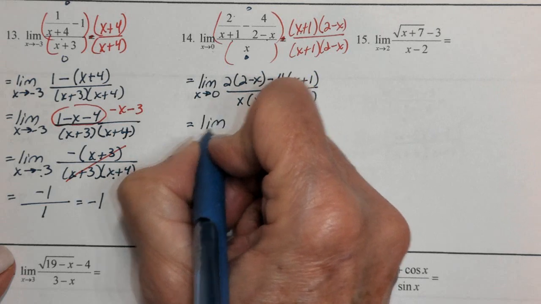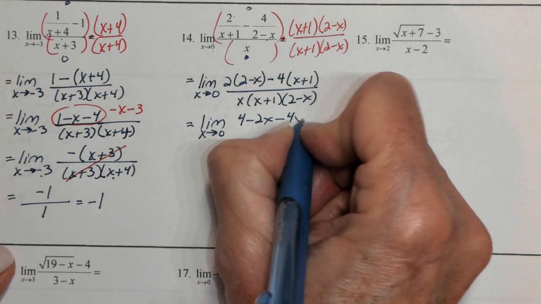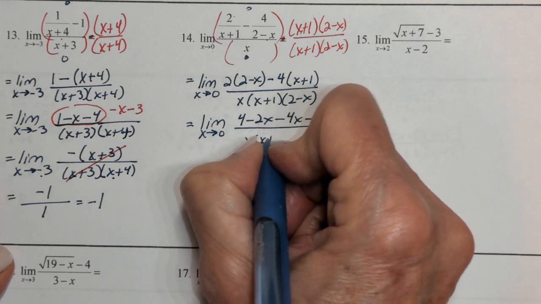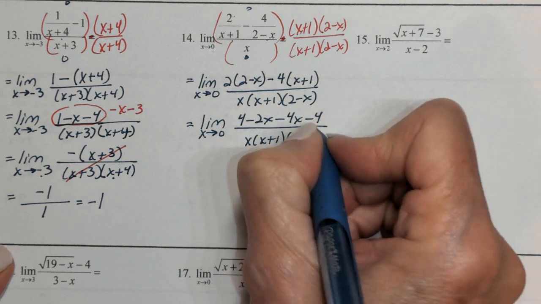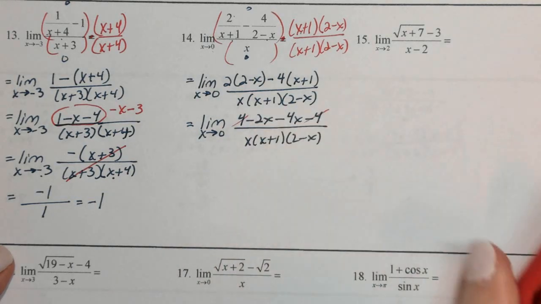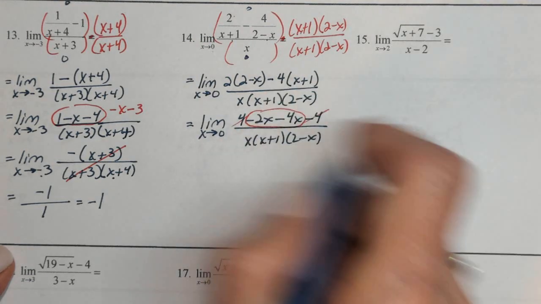Clean up the top. 4 minus 2x minus 4x minus 4. The 4 minus the 4 cancel each other out. I'm left with a negative 6x. That's a negative 6x.